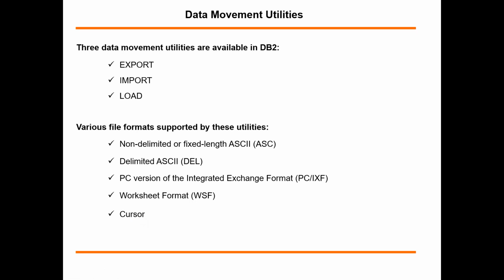Now let me explain in detail with an example against each format. Non-delimited or fixed length. Before I go there, we have something called a delimiter. Whenever we deal with data, we use this word delimiter.